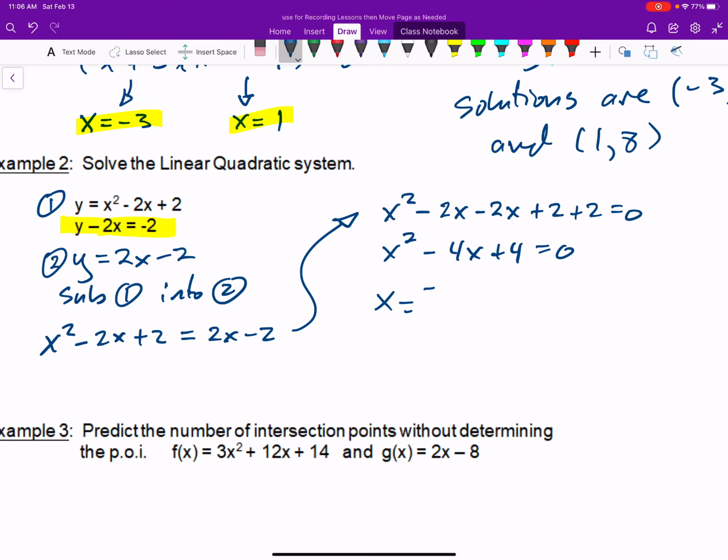So negative b, so negative 4, plus or minus the square root of b squared minus 4 times a times c. You know what? As I'm doing it, I'm suddenly realizing that I did overlook an obvious factor.